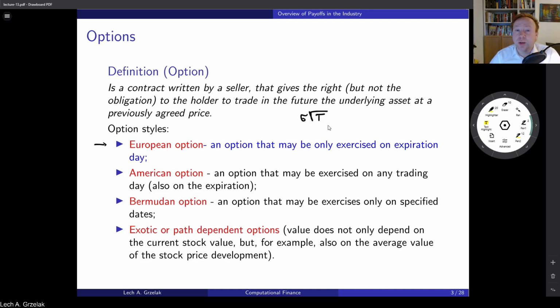So if you're really certain that the stock will go up or down, then buying longer maturity options may be more preferable. Of course, if the market moves, then you may expect that volatility increases and those options become more and more expensive.